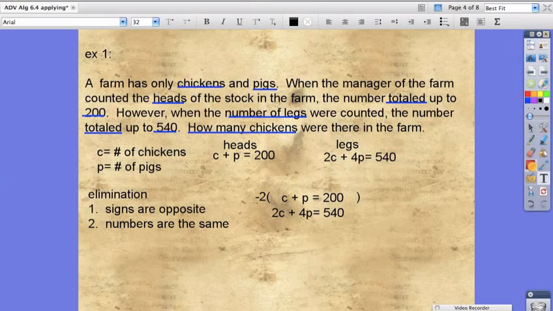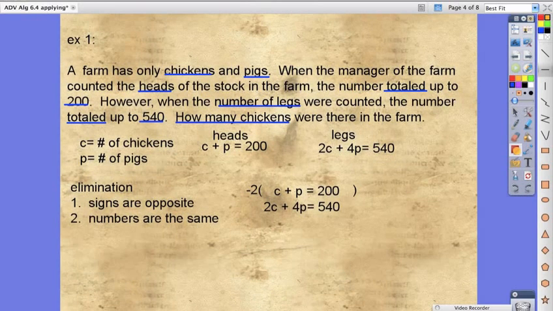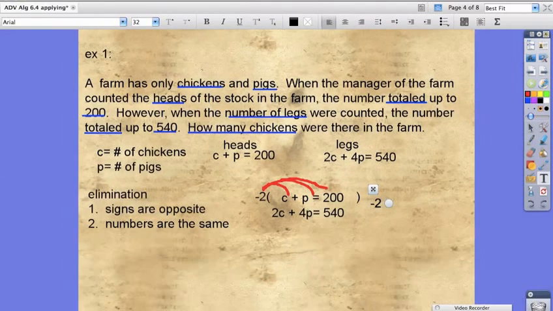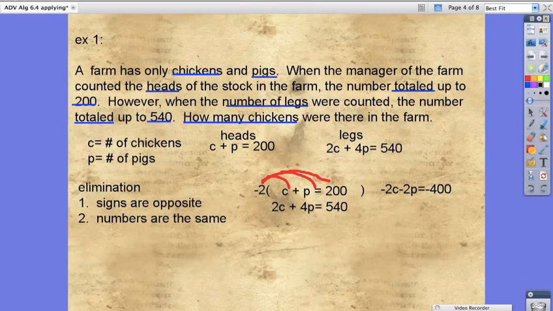So when I distribute that negative 2 to everything, we will be left with negative 2c minus 2p equals negative 400. And because we didn't touch the second equation, we're just going to bring that over.